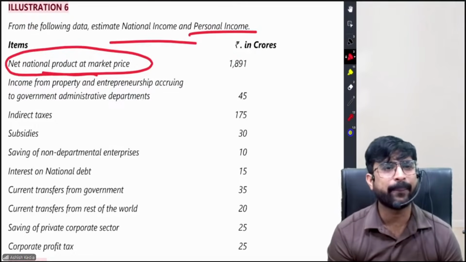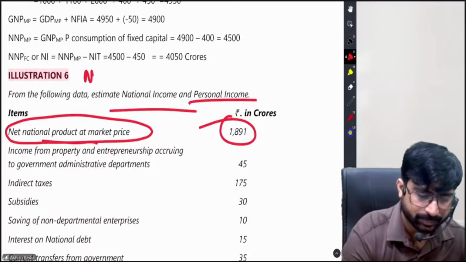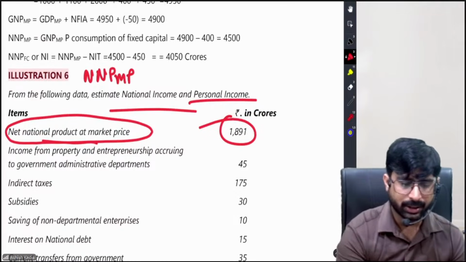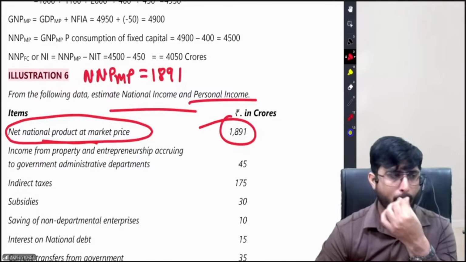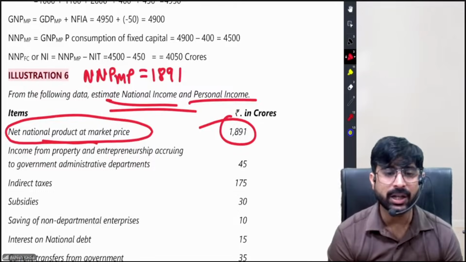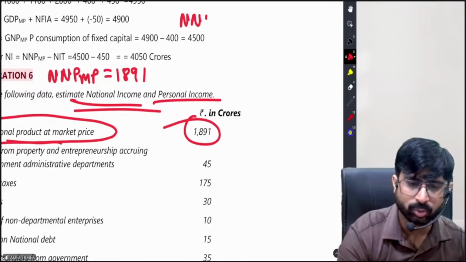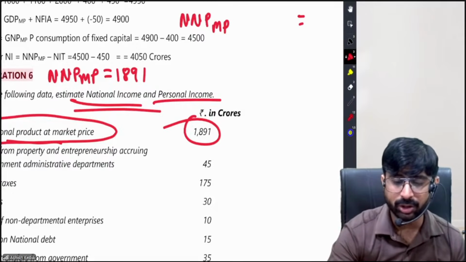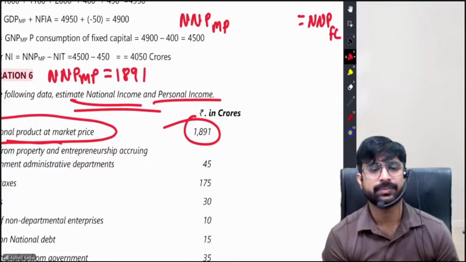NNP at MP is 1891. They have to compute NNP at FC. So from NNP at MP, class, whatever is given, you put it on the left, and wherever you want to reach, you put it on the right. You want to reach NNP at FC.